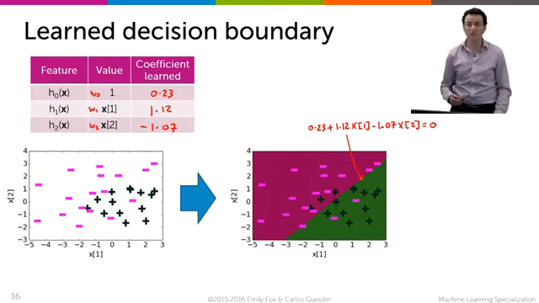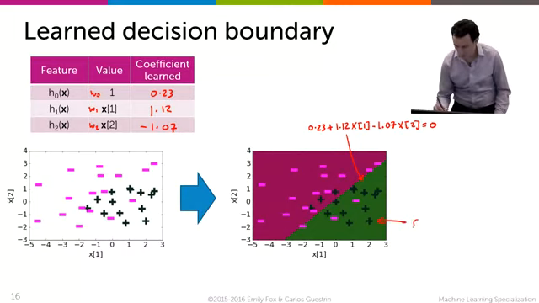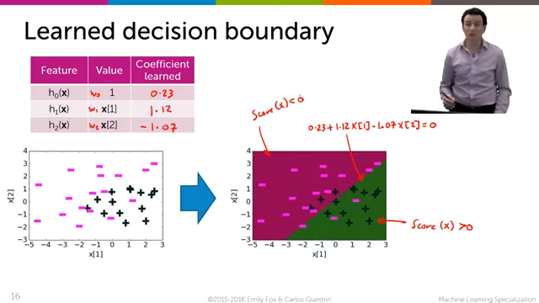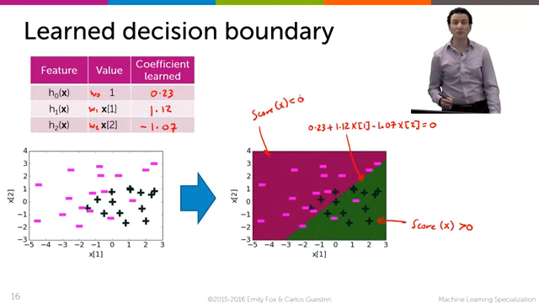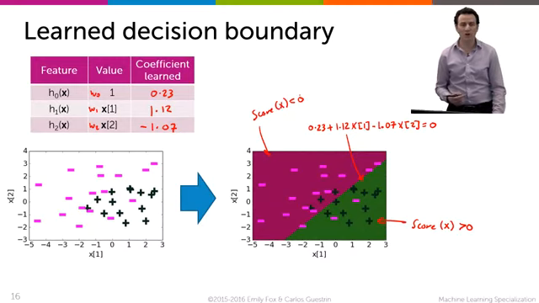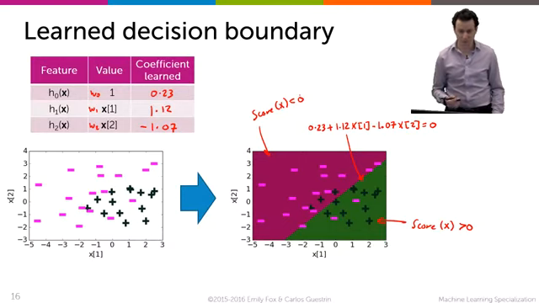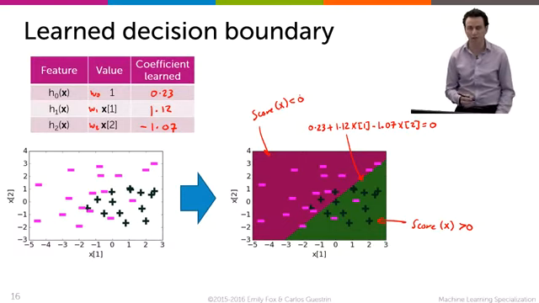This is the transition from the points down here, where the score of x is greater than 0, to the points over here, where the score of x is less than 0. The points above that line I'm predicting as negative, and the points below the line I'm predicting as positive. And you see some interesting things in this simple data set with just a simple linear classifier.